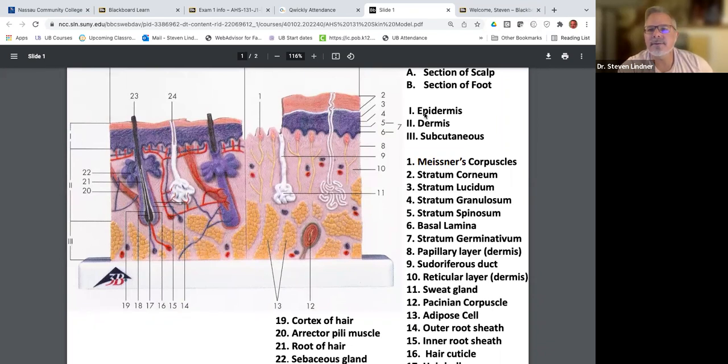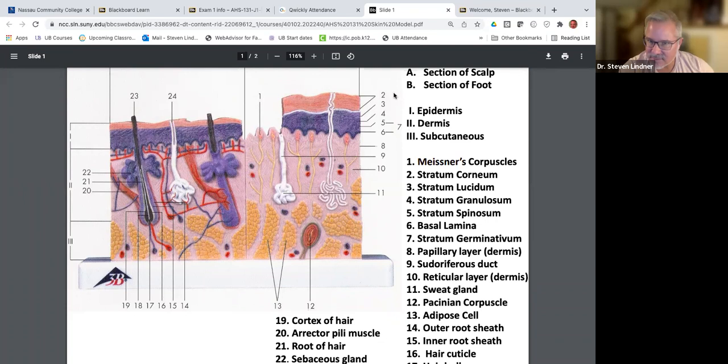Roman numeral 1, if you look off to the right, is the epidermis. That's the top layer that has 5 layers of skin. Those layers we can see here, 2, 3, 4, 5, 6, and 7, right?